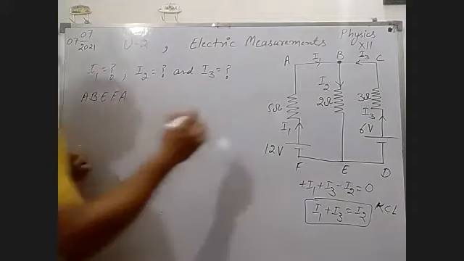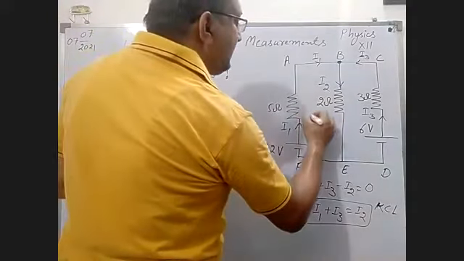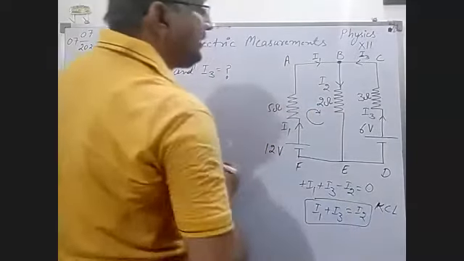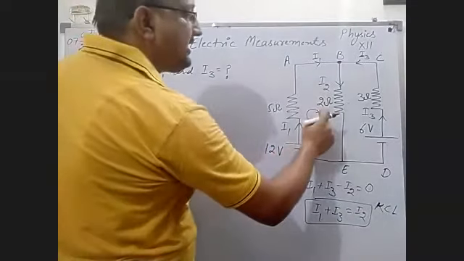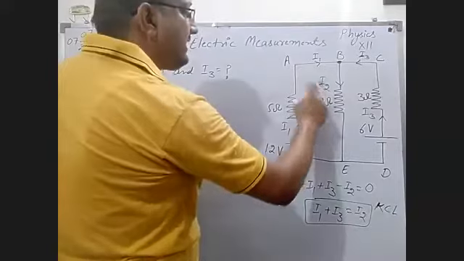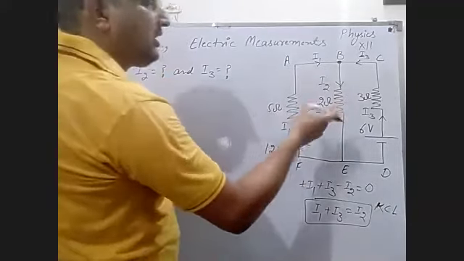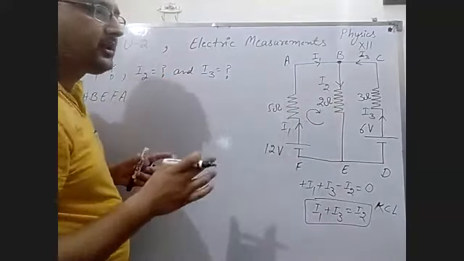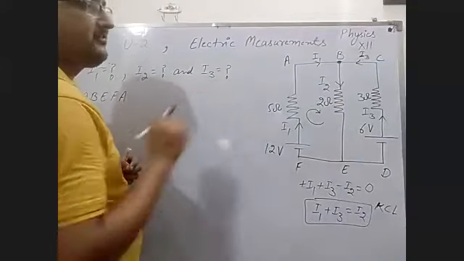Suppose you are taking this type of direction, means clockwise. In this clockwise, now you have to take EMF and current resistance value.